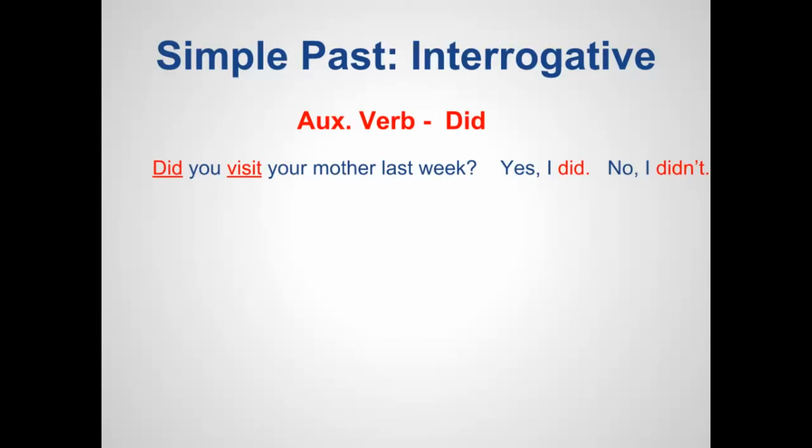Or, no, I didn't. Did she call you last night? No, she didn't call me. Pay attention to the difference. I have short answers, yes I did, no I didn't, and a complete answer, no, she didn't call me, or no, she didn't, short answer.